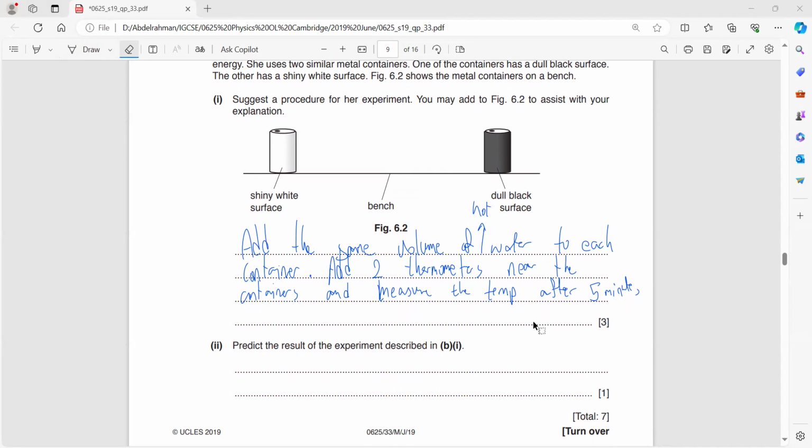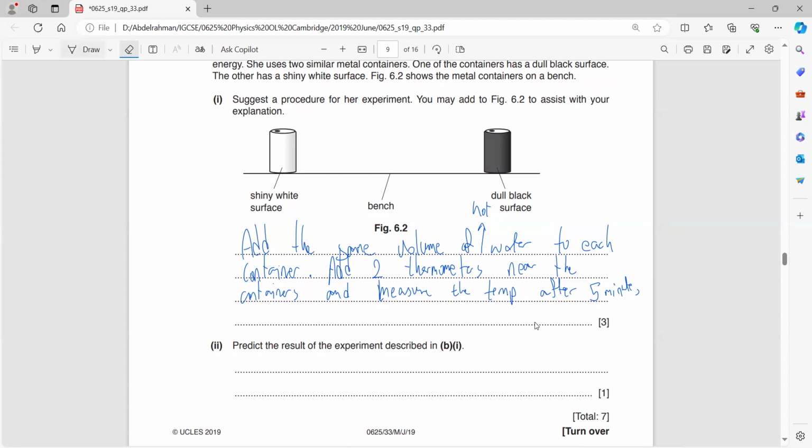Okay. Predict which of them will have a higher temperature. Predict the results of this experiment. Which thermometer will have a higher temperature? Do you know? The black one, of course.